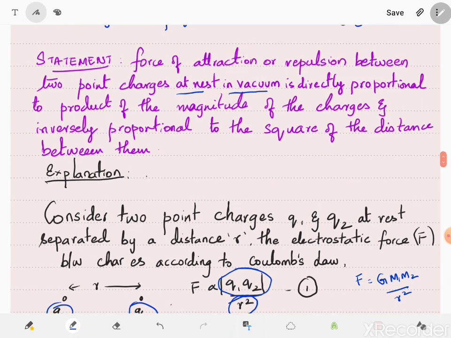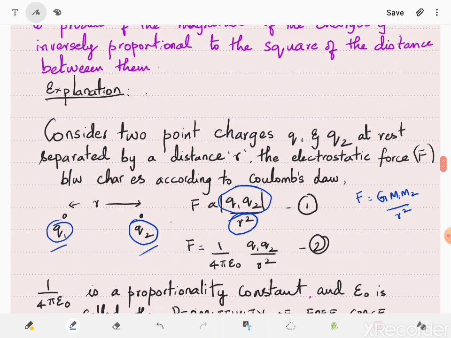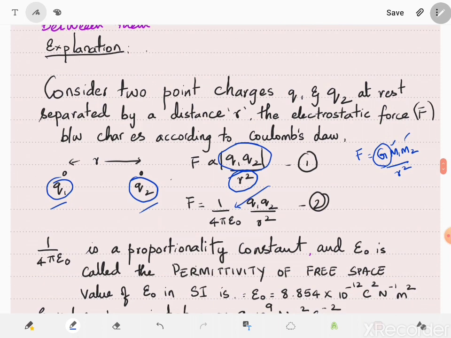So in a sense, Coulomb's law is pretty much similar to the universal law of gravitation, but with slight changes here. In place of masses, what do we have? We have charges, right? In place of gravitational constant, we introduce another proportionality constant in Coulomb's law, and it is read out as 1 by 4 pi epsilon naught q1 q2 by r square.